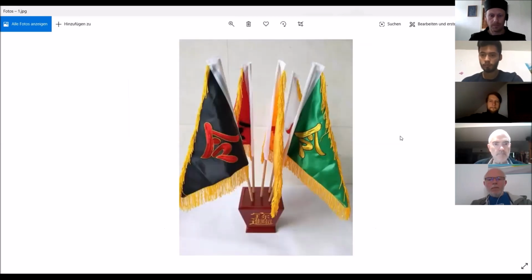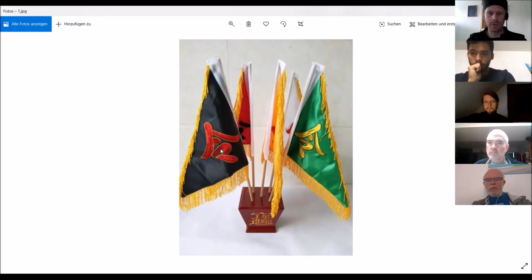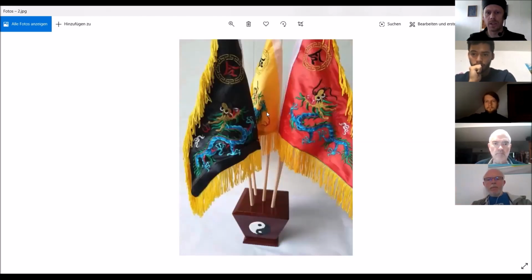Here you see the Ling written on the flag, and the Lingqi, the flag. I just named the words in the original name. So the Lingqi is the ceremonial flag, and here you see 5 different colors, because these flags also represent the 5 elements, the Wuxing: black, red, yellow, white, and green. Sometimes you also see them with dragons on them, also in different colors.